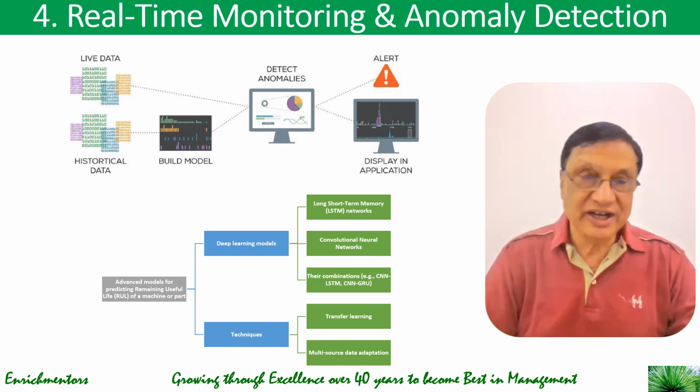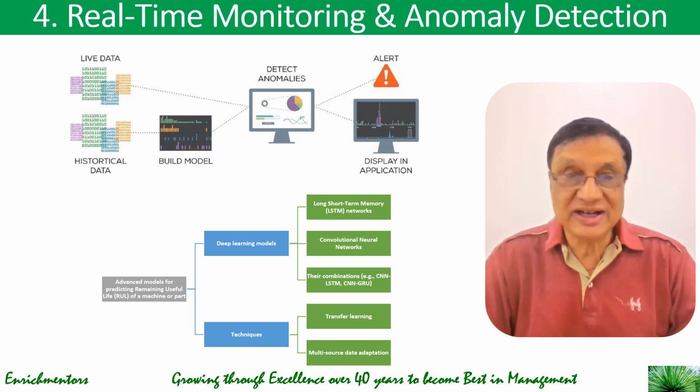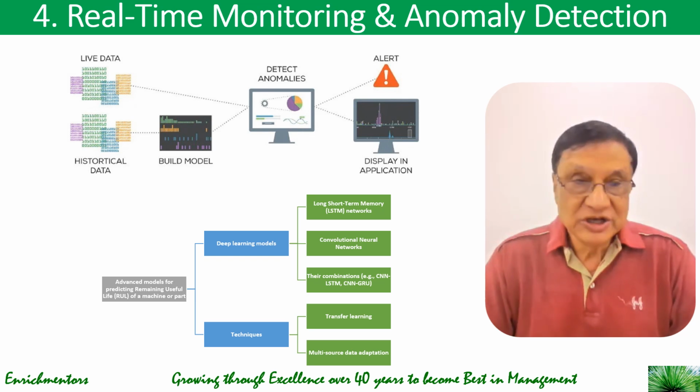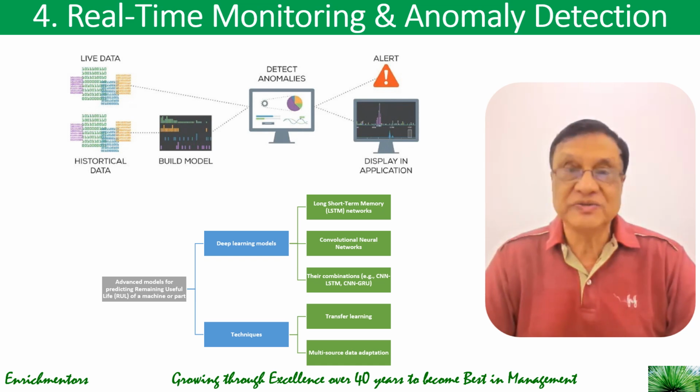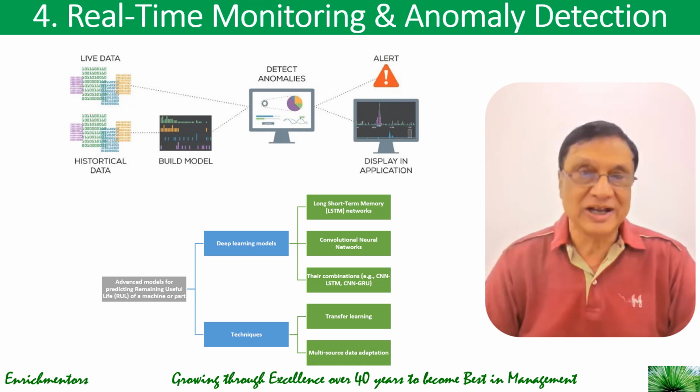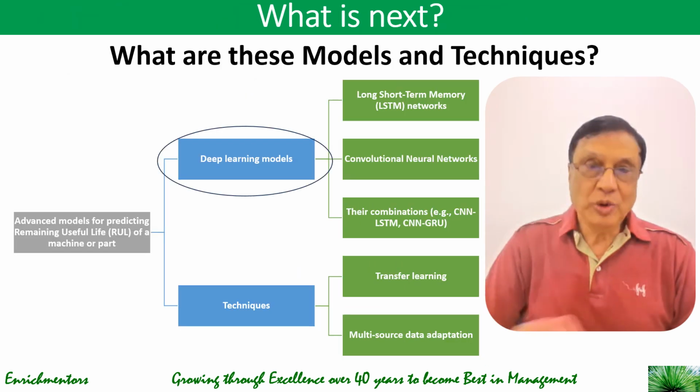So there we are getting into the technicalities, or techniques, behind the model. These advanced models use deep learning methods and techniques that we will take you through as we go forward in subsequent lectures. So what is next?